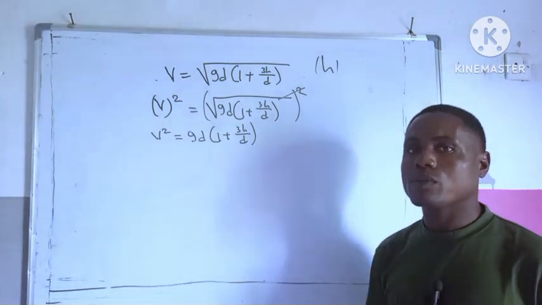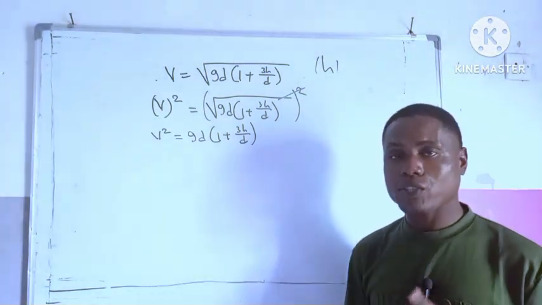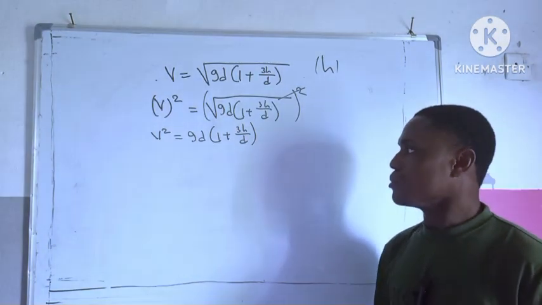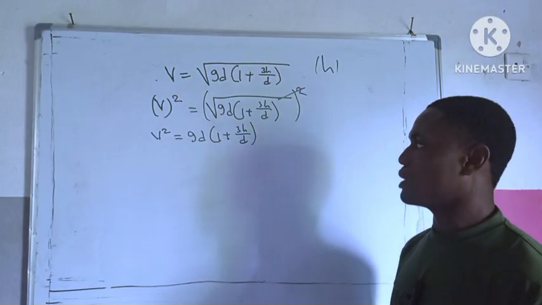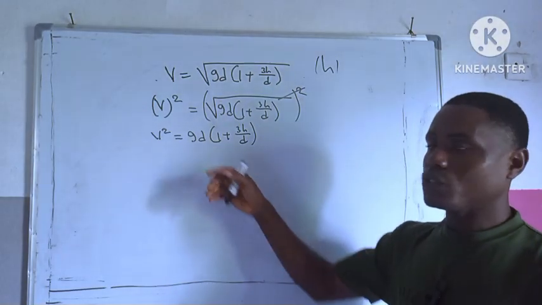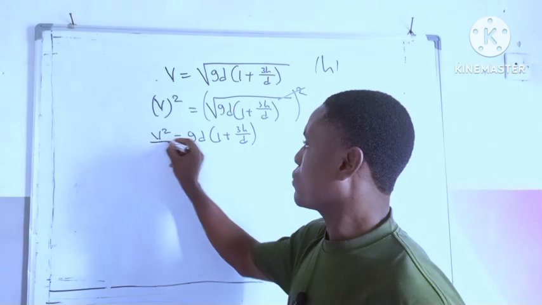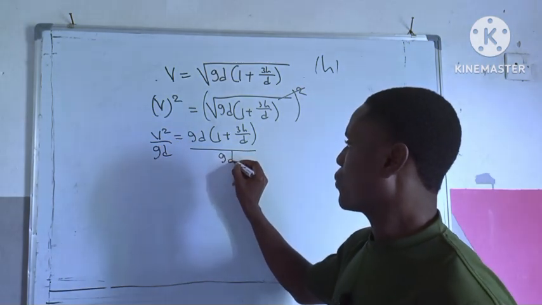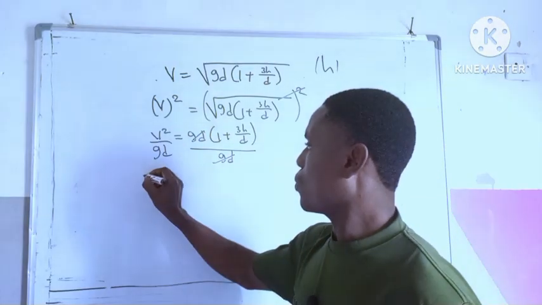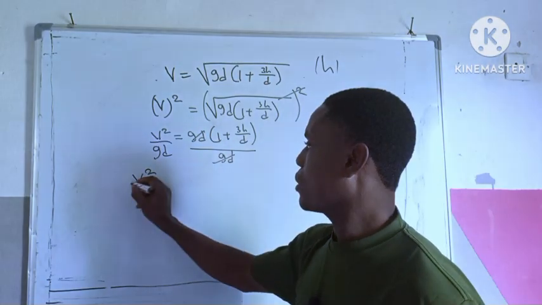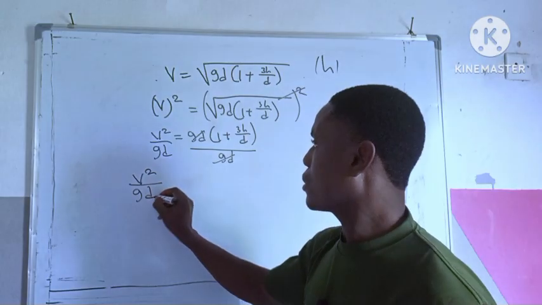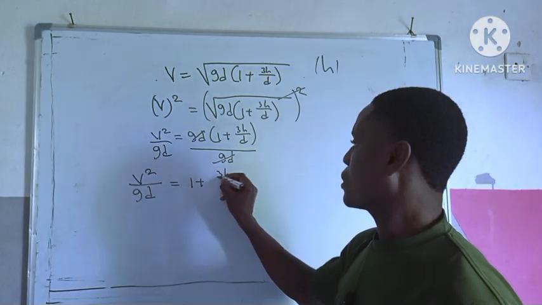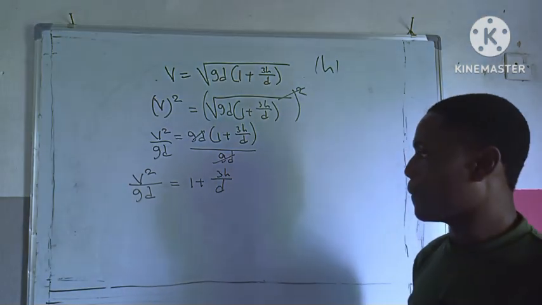We are asked to make h the subject of the formula. So the next thing to do is divide both sides by gd. The gd cancels, and we are left with v squared all over gd equal to 1 plus 3h all over d.